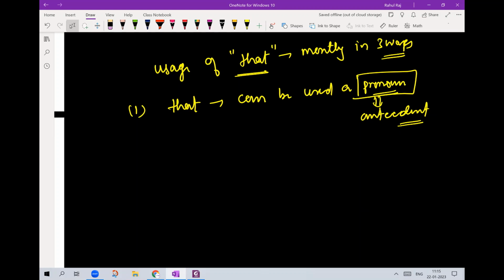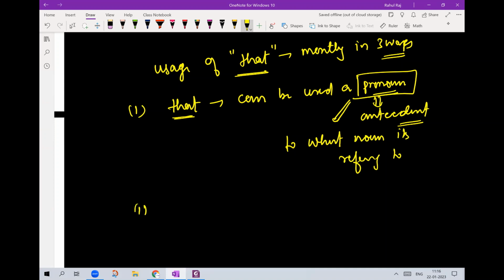When you write a pronoun in a sentence, ensure 100% that there is a very clear reference point for that pronoun, so that any third person reading your sentence understands what the pronoun is referring to. You simply can't insert a pronoun in the sentence. From now onwards, whenever you write a sentence, try your best not to use pronouns at all, unless required. So when that is used as a pronoun, there should be a very clear antecedent. It simply means the noun it is referring to.